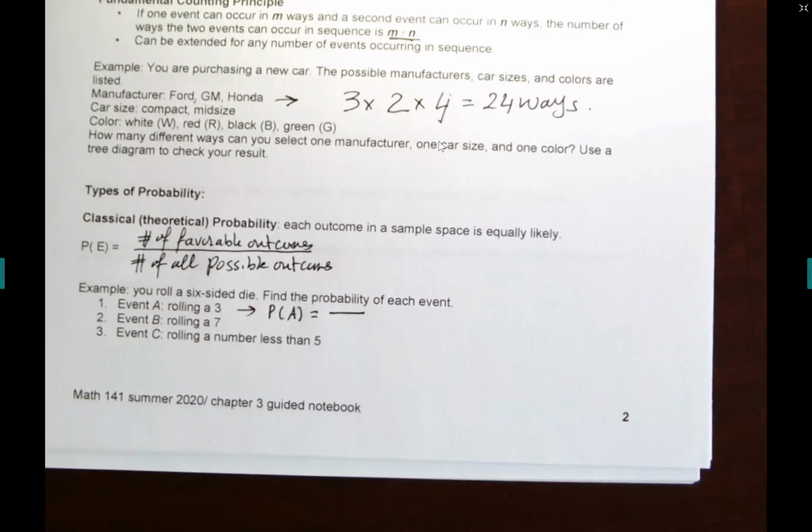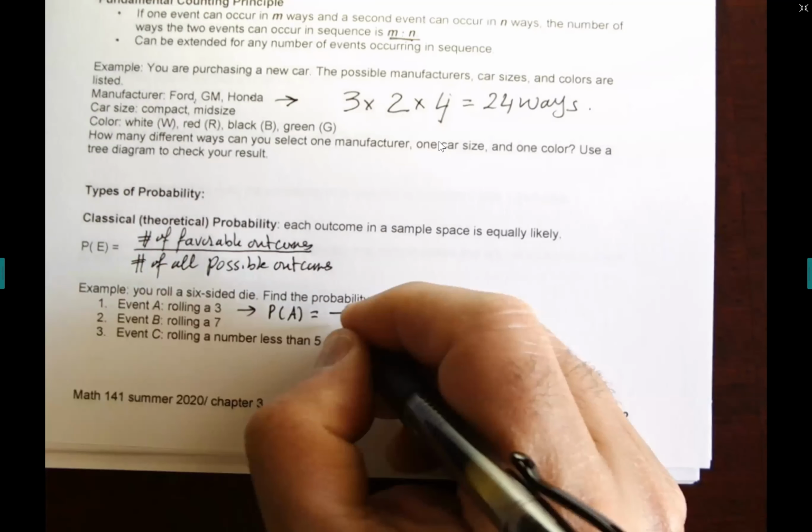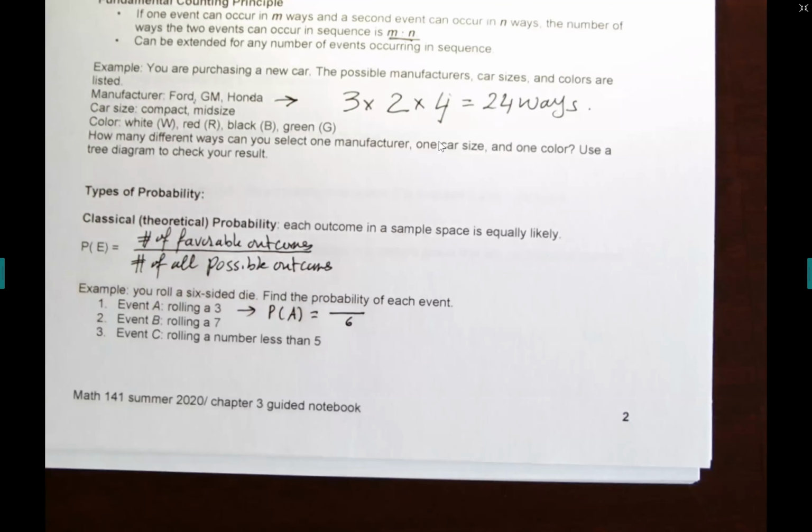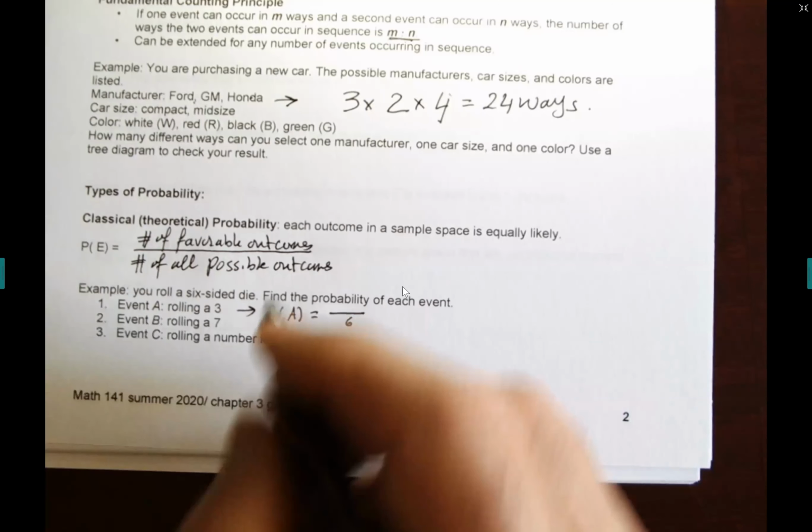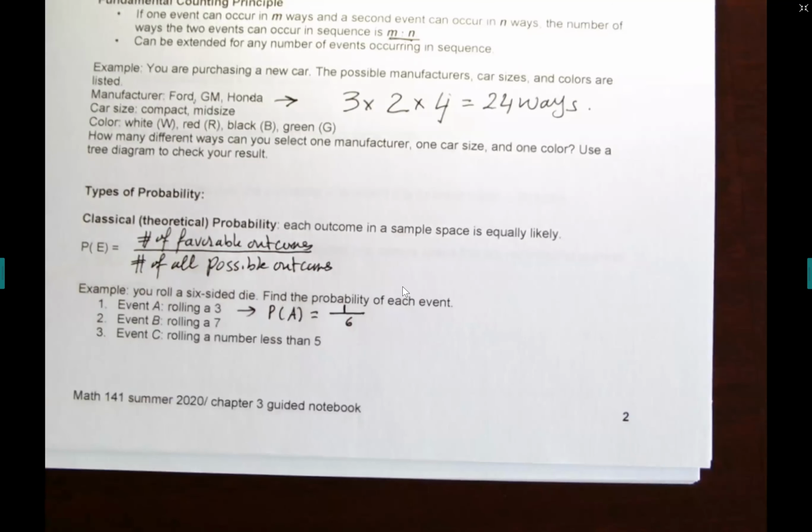It could be 1, it could be 2, 3, 4, 5, or 6. But on the faces of the die, how many 3s are there? I'm sure you know about the die. There's only 1, you're correct. So your chance of winning is only 1 out of 6.